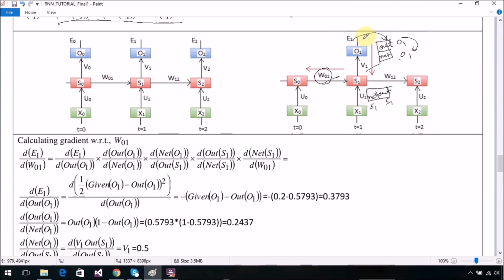from E1 to out O1, out O1 to net O1, net O1 to out S1, out S1 to net S1, and net S1 to W01. So the information will flow in this direction. So we use this by applying the chain rule.